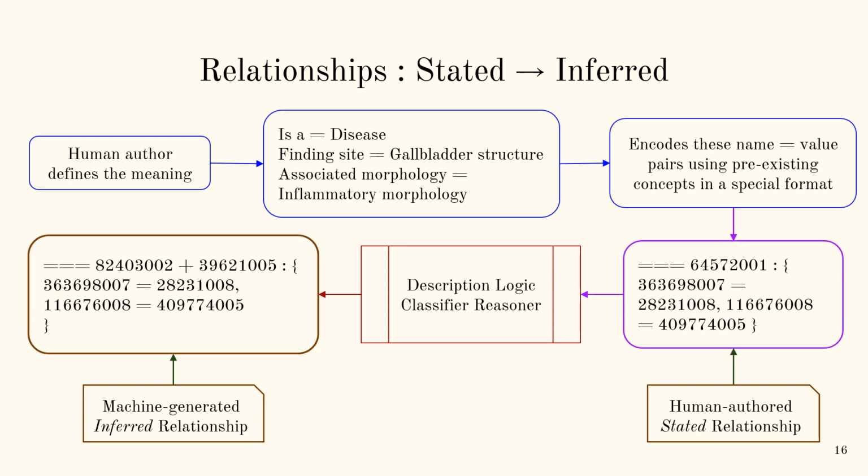It is this inferred relationship that the system needs to use. And as you will see in a subsequent slide, it is far more detailed. I can tell you right now, if the stated relationship said that it is a disease, the second one says it is not just a disease, but actually cholangitis and disorder of gallbladder.